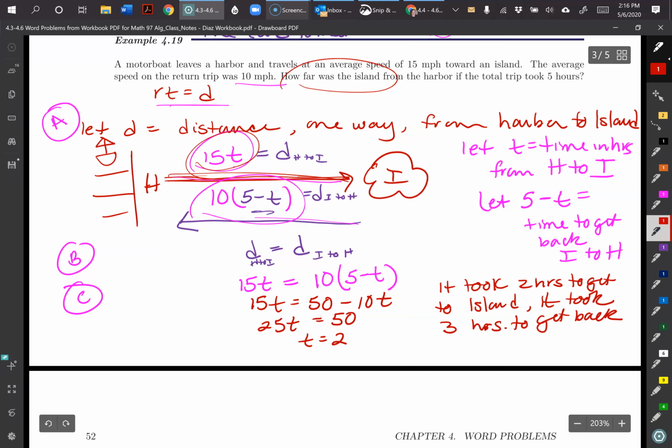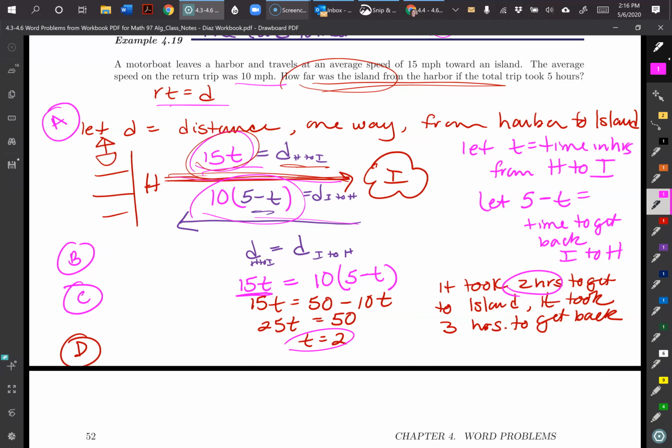But that's not our question, right? It wants to know how far is that harbor. So we can figure that out because we said, okay, one way is 15t. We can just pop it into either expression actually, but I'm going to do the easier one. So I would say if it took 2 hours here for t, I can just put that in 15t.